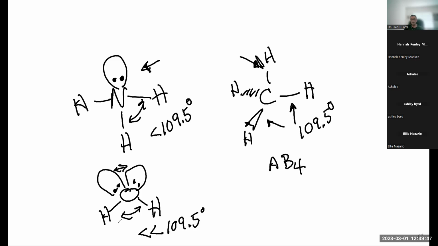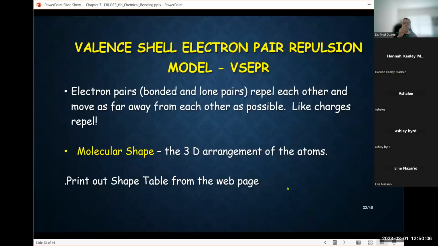The electrons that are not bonded require more space, pushing the bond angle of the other species bonded to the central atom. That's what this whole chapter is about: valence shell electron pair repulsion. That effect has a big effect on the properties of the molecule, which we're going to learn in a second.